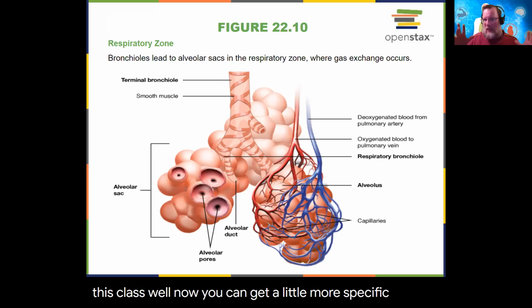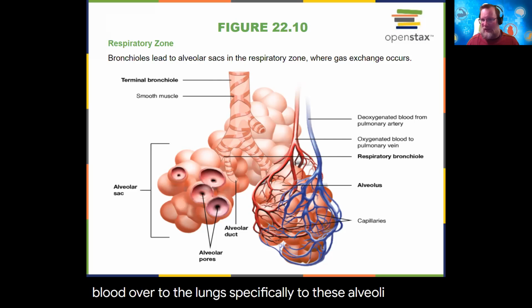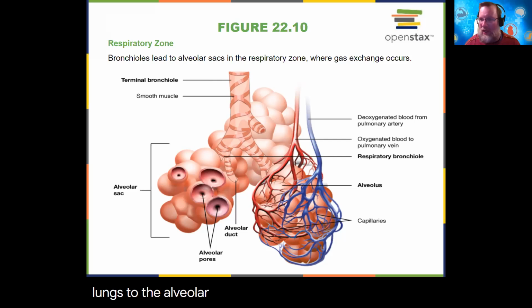You can say the right side of the heart. Even more specific, the right ventricle is sending blood over to the lungs, specifically to these alveoli of the lungs, to the alveolar capillary networks.